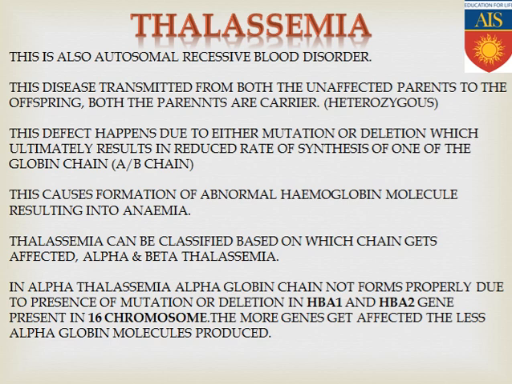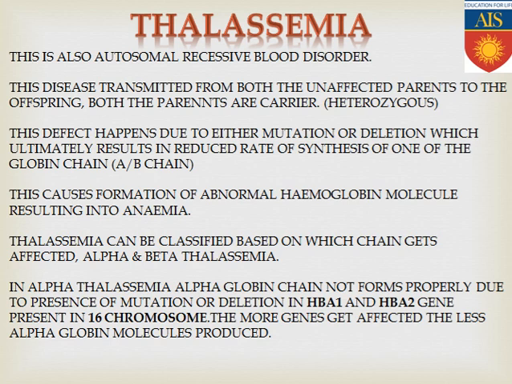So due to the mutation, the patient may suffer from alpha thalassemia or beta thalassemia. And keep it in your mind, when alpha and beta polypeptide chains are not forming properly, abnormal hemoglobin molecules will be produced, and that results in anemia.